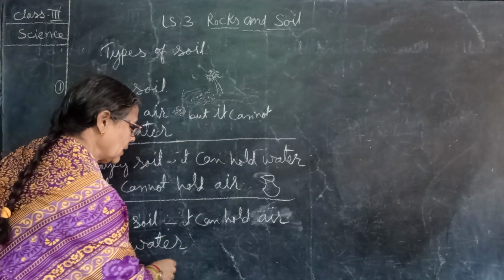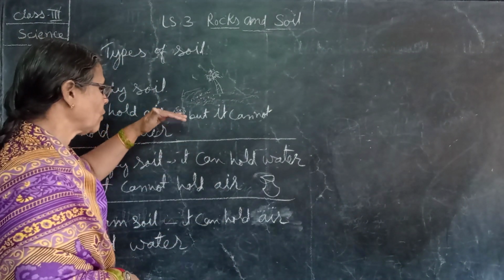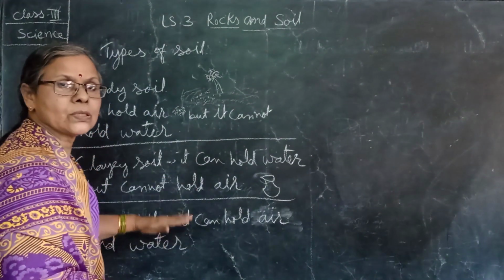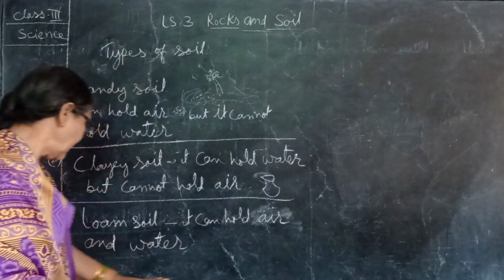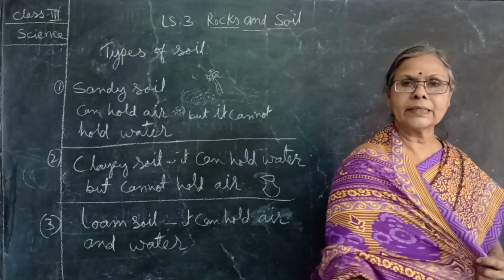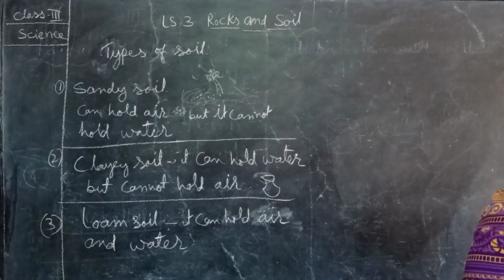This is an equal amount of sandy soil and clay soil. The mixture of both these soils is called loam soil. It can hold air and water. So this is a good soil for plantations.